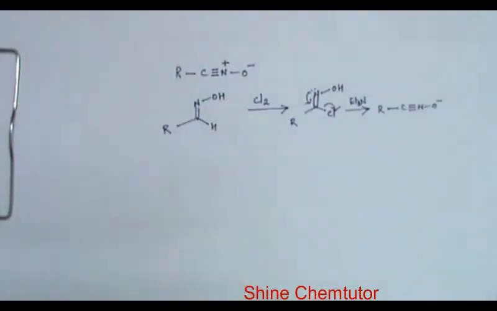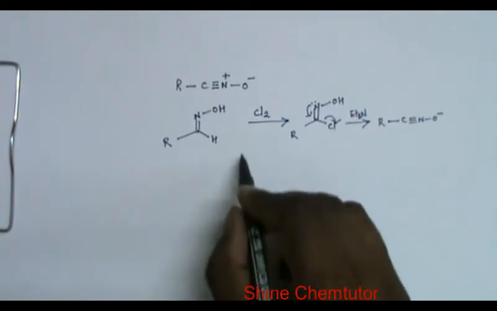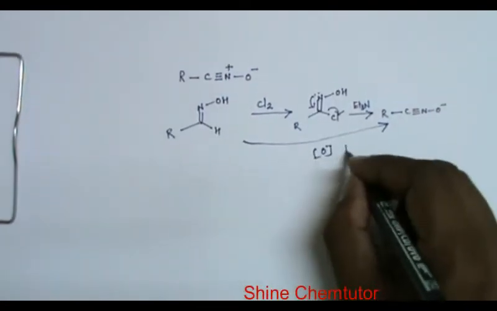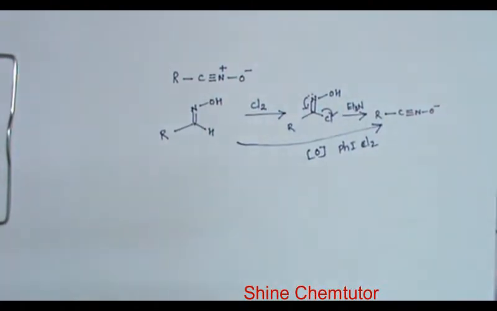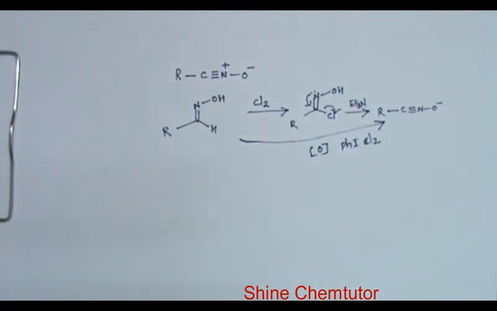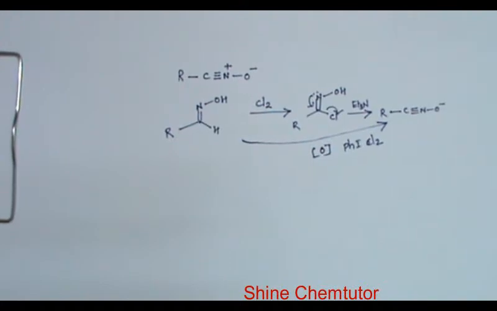So initially oxidation, then removal of HCl. This can be achieved even by a single step oxidation also, if you use some reagent like this, then the one step conversion also is possible. But the first route is the most common one to get nitrile oxide.